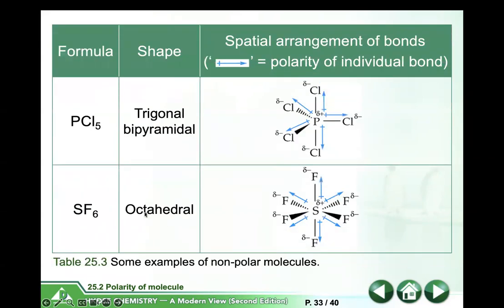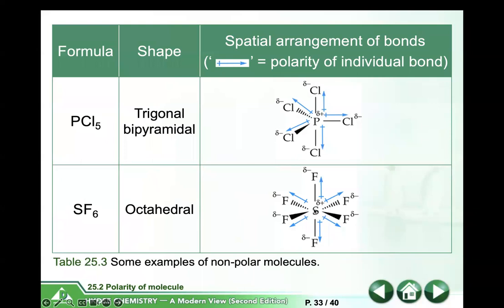They cancel with each other, or PCl5, although it is a very complicated one, but you can see that all the polar bonds can cancel out each other. Hence, it is a non-polar molecule. SF6 is octahedral. The shape of molecules affects whether they are polar or not.